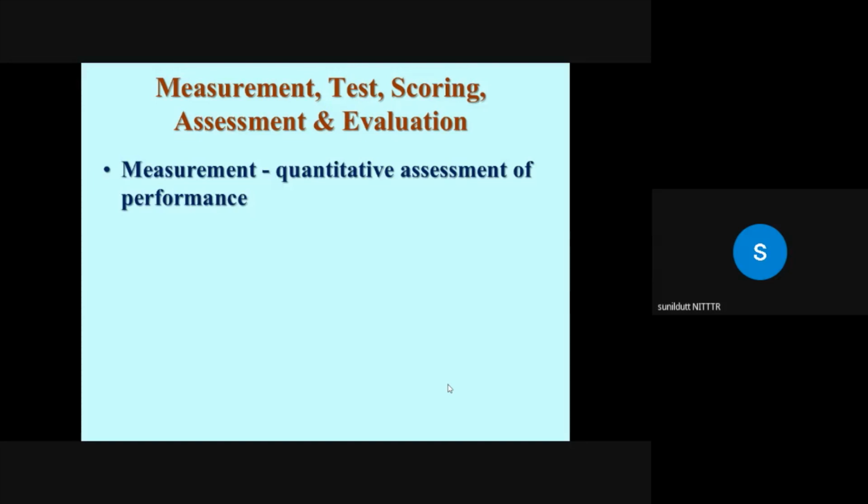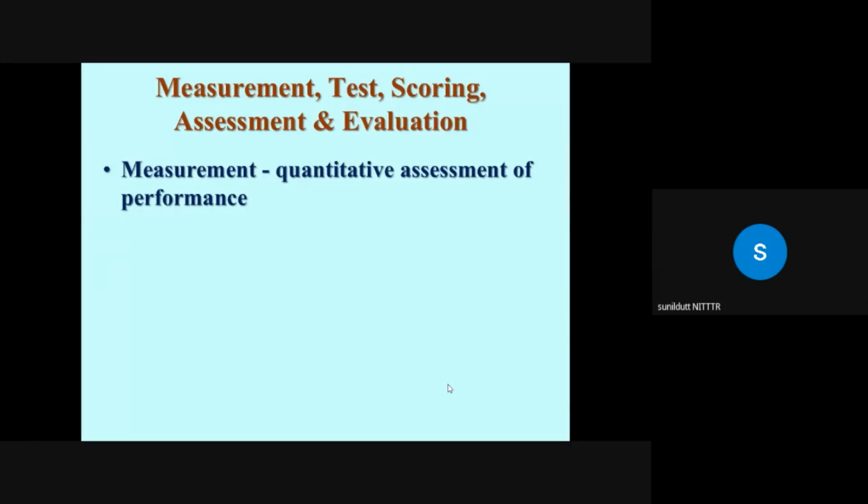Now, when I say 65 out of 100, it doesn't include the qualitative aspect, that is, whether his calculations or his handwriting or his work was neat or not. So it provides only a numerical description of the degree to which an individual possesses a particular characteristic. So it only answers how much, and through measurement we are not determining the worth. So you can only find out the strengths and weaknesses.